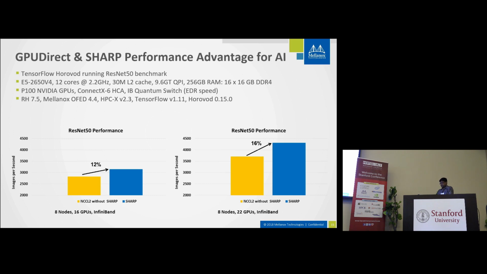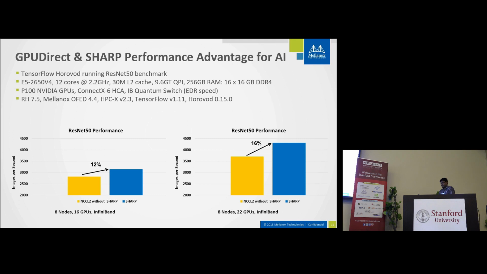So for example, here, TensorFlow and Horovod run. Horovod is a distributed TensorFlow framework. It's running a ResNet 50 benchmark on NVIDIA P100s, and here you can see that on 8 nodes and 16 GPUs, we compared NCCL with SHARP. NCCL is a GPU collective library from NVIDIA, highly optimized.